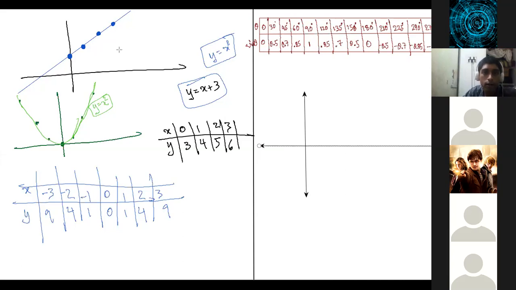Let me just make the markings so that we can use this.